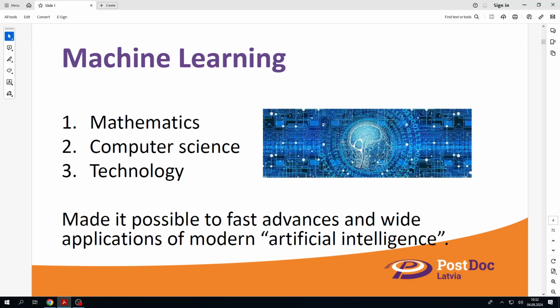All these algorithms, all this training happens as mathematical functions. So in a sense you solve some mathematical problem, and that is actually training the algorithm to predict something or to classify something depending on the data that you have provided.